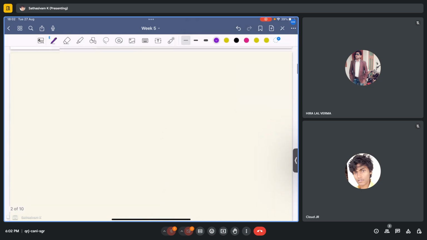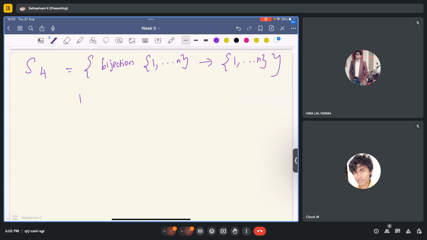Suppose we have a symmetric group, let's say Sn, or probably we'll just take S4, and let's say you have a permutation like this, okay? So the symmetric group is basically the set of all bijections from the set 1 to n to itself, and the operation is composition of the maps.